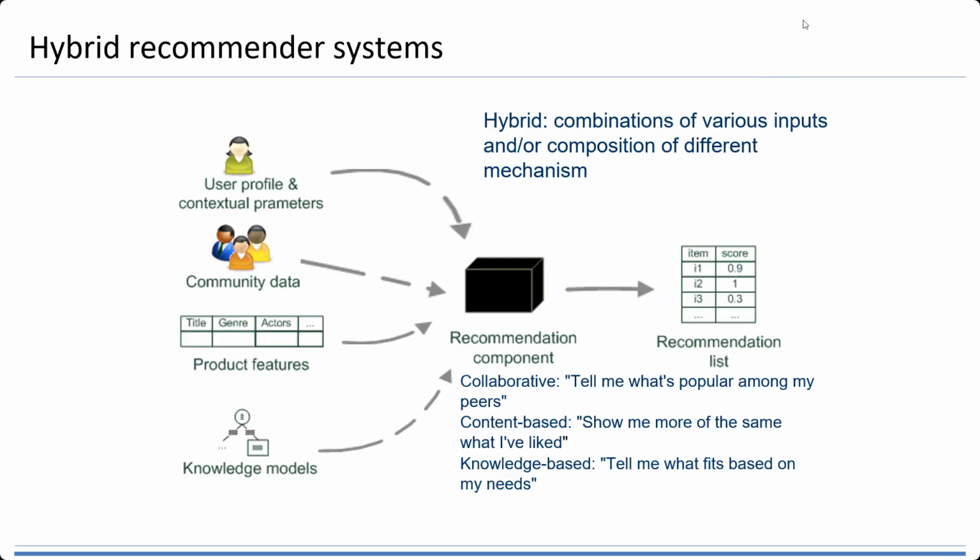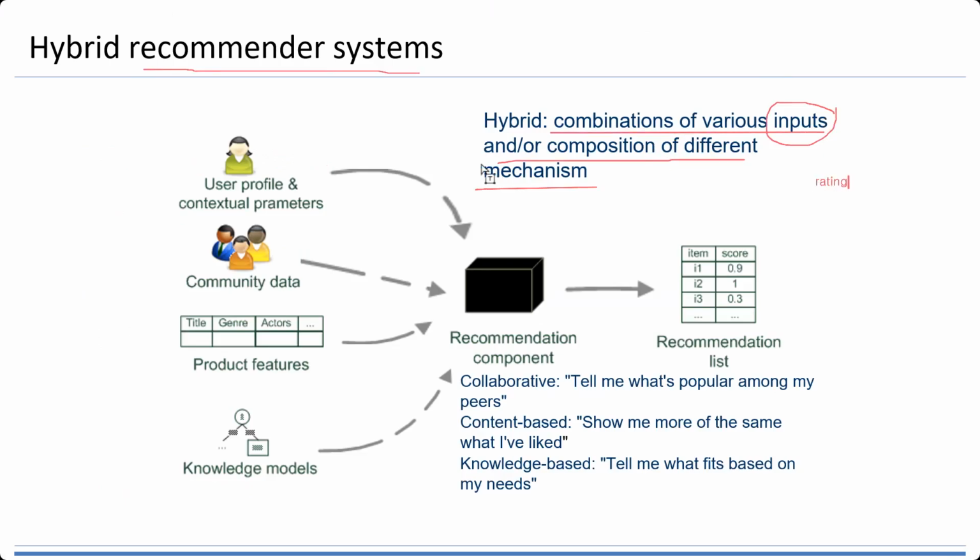We say hybrid. Hybrid means combination of various inputs and/or composition of different mechanisms. We know that the input for the recommender system can be anything. For example, we can have ratings.